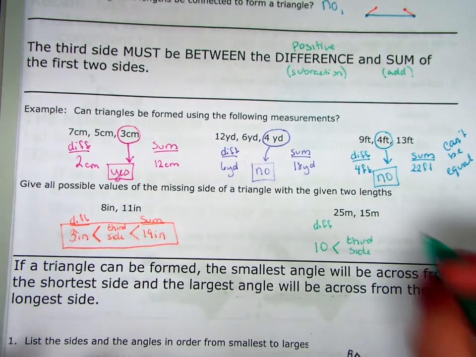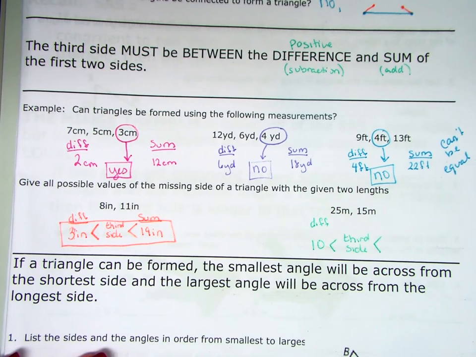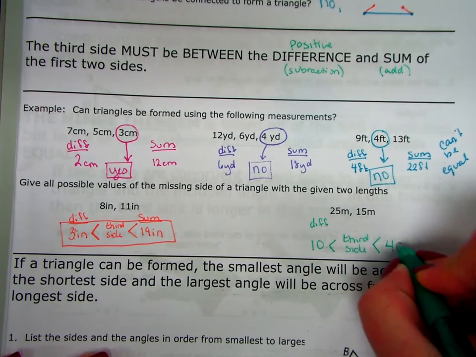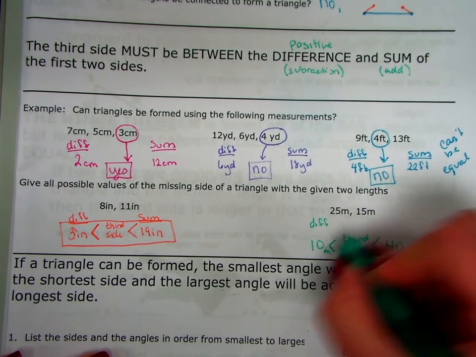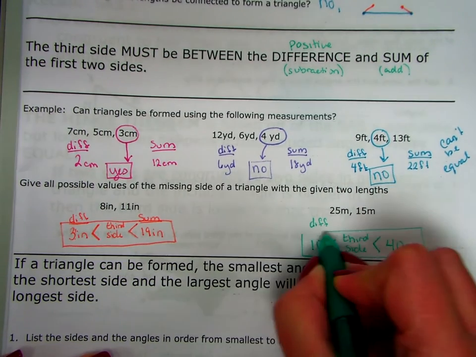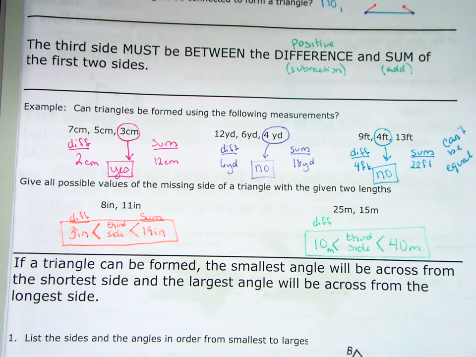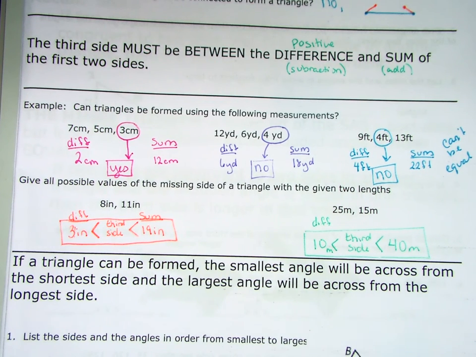And then my third side has to be smaller than, what's the maximum number? 40. 40 meters. So everything between but not equal to, notice I didn't put an equal bar under there, between 10 meters and 40 meters. Okay? That is the first of 2 things we're learning today.